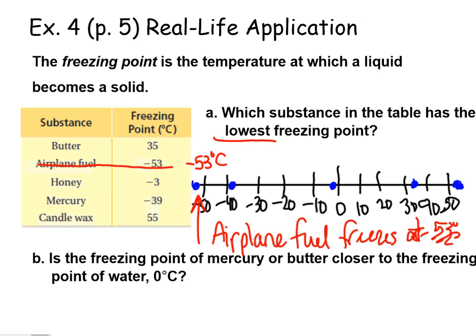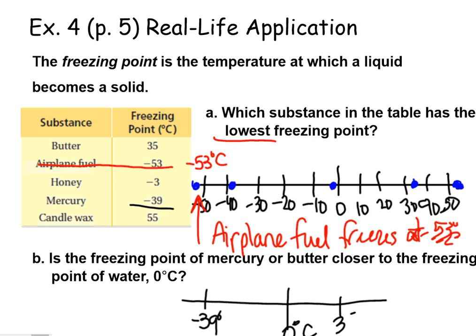Now for B, it says the freezing point of water is 0 degrees Celsius. So you can use the absolute values. It says mercury or butter, which one is closer to the freezing point of water? So if this is a number line here, here is 0 degrees Celsius. Mercury is at negative 39 degrees, and butter is at 35 degrees.